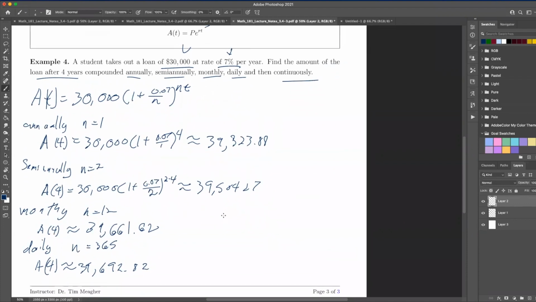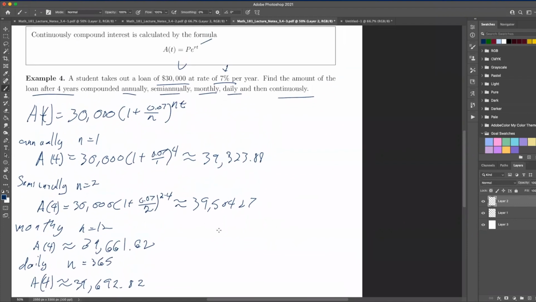So anyways, let's just do what the continuous is. Technically, I bet continuous will eventually become the new standard just because you can always see your money live. So we'll have our principal of 30,000 times e to the 0.07t, or in this case, 4.